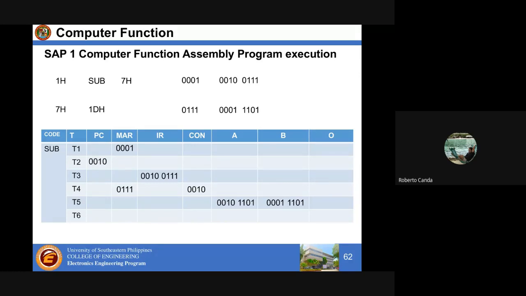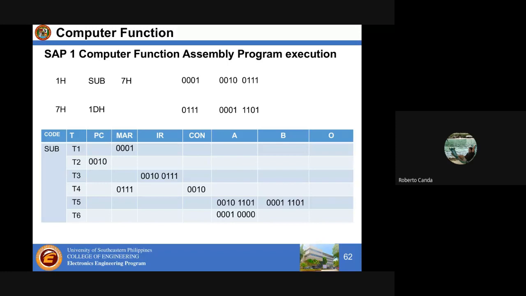Since it is to subtract, we have to subtract A and B, and the answer must be put back into A. And that is our T6. So if we subtract 2DH with 1BH, the answer is 10. So that will be your T6 for your second instruction line.